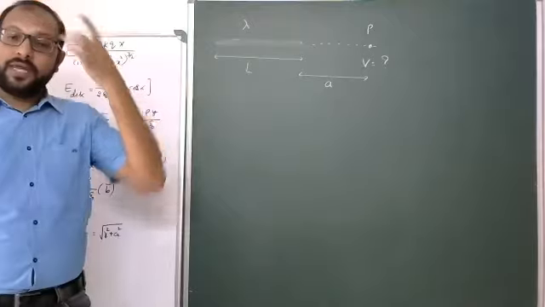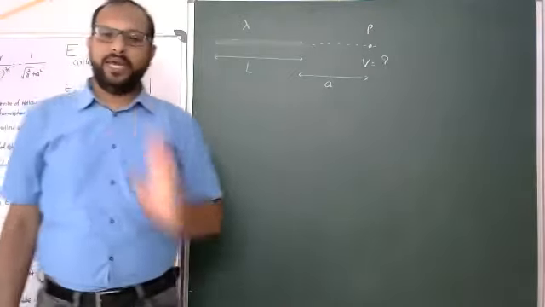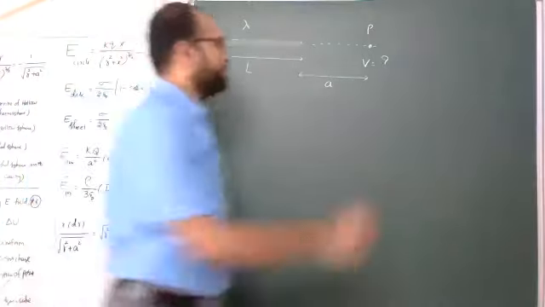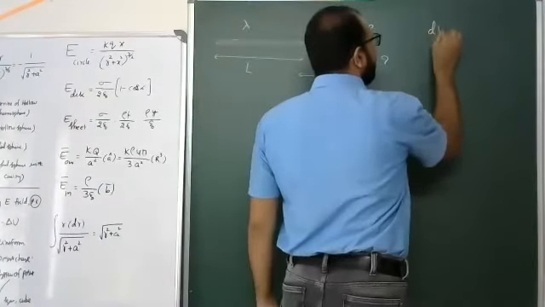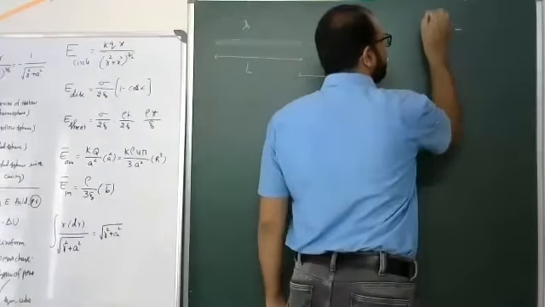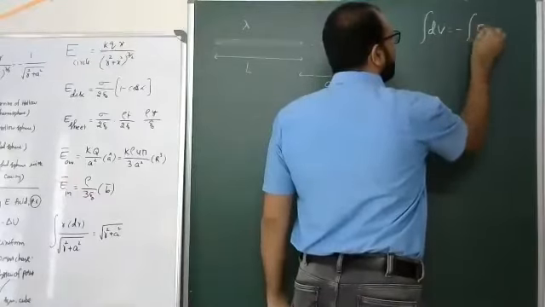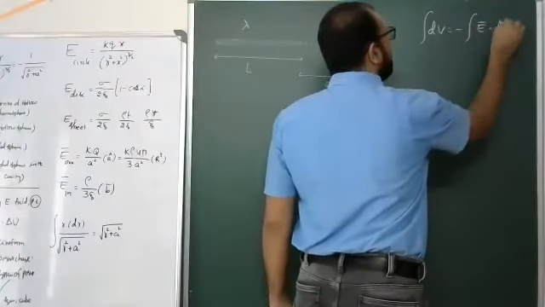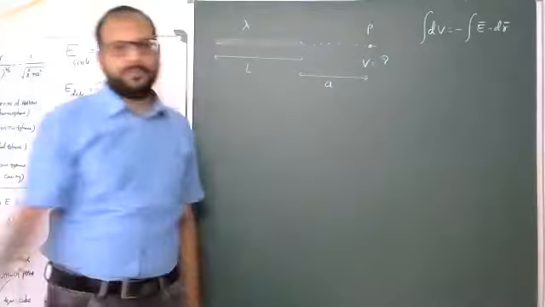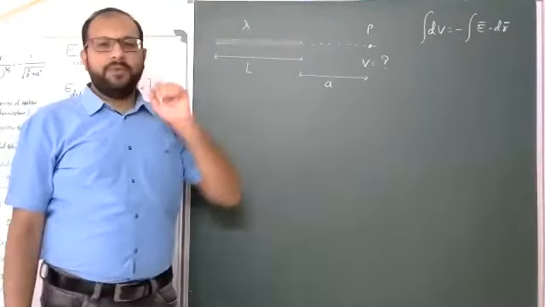Yes, now here students, two methods we have. Number one, dV equals minus integral E bar dot dr bar. That is method number one.